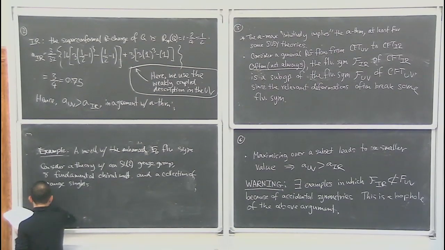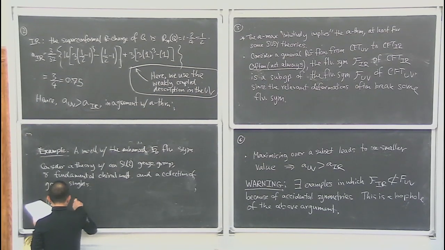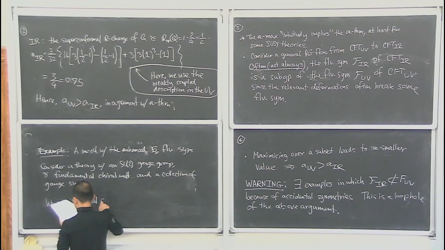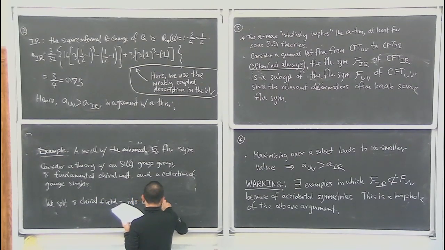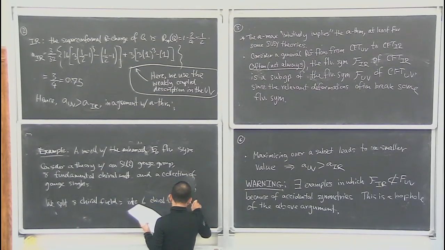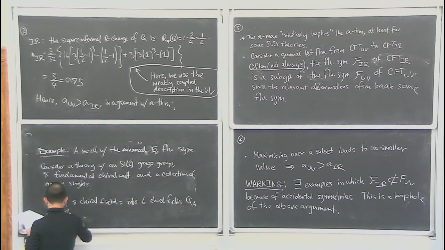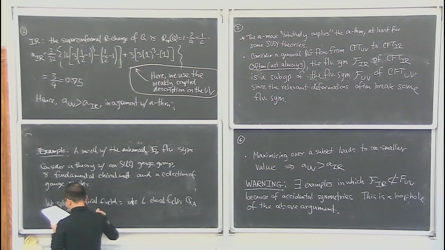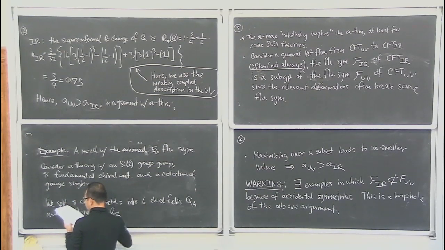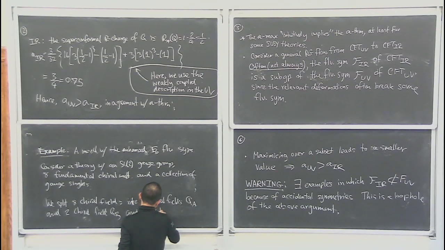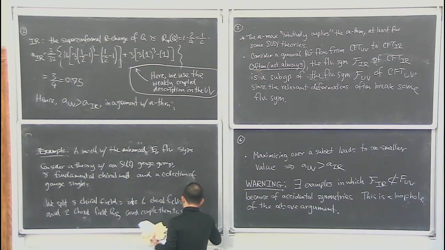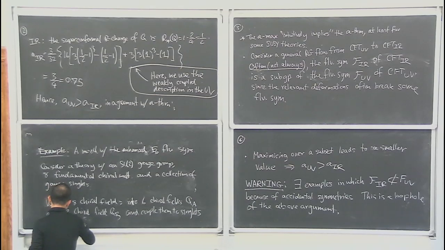But the trick is the following: we split the 8 chiral fields into 6 chiral fields QA and 2 chiral fields QB, okay, and couple them to singlets MA and MB as follows.